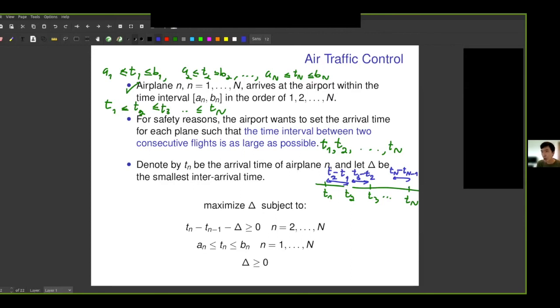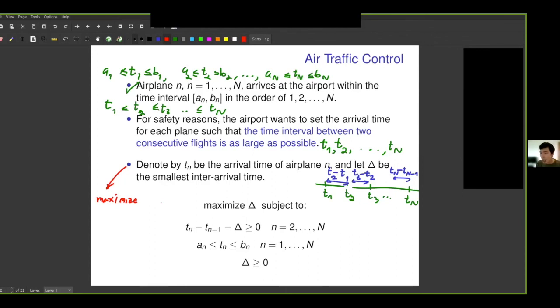But how do you do this? If you want to formulate this as a precise mathematical optimization problem, you want to specify your objective function. The objective function that I would like to propose to you, and you have the right to agree or disagree with me, but I think this makes sense, is that I want to maximize the smallest inter-arrival time.